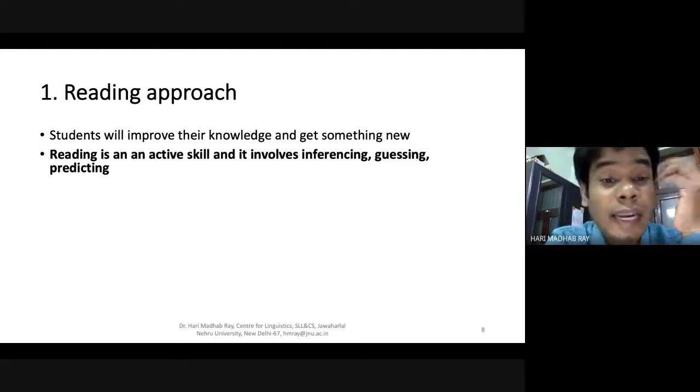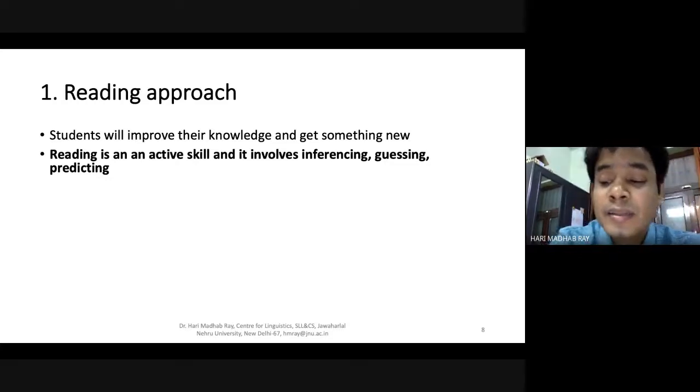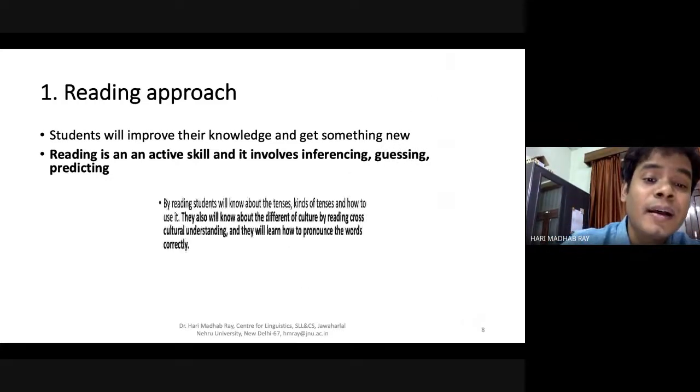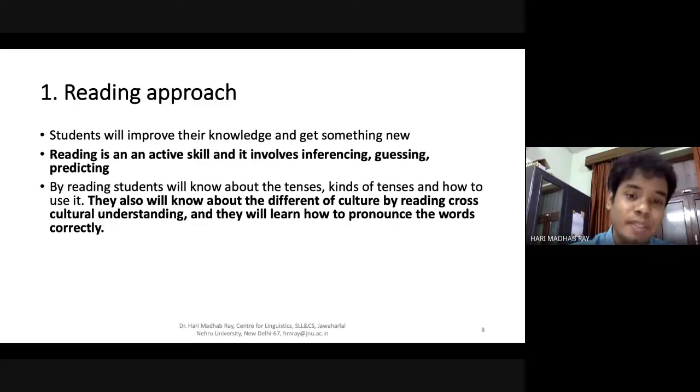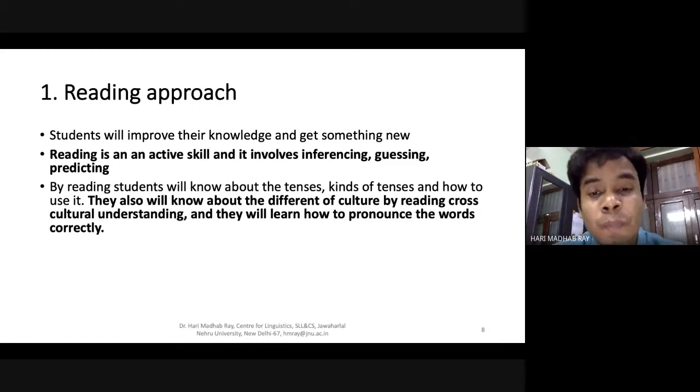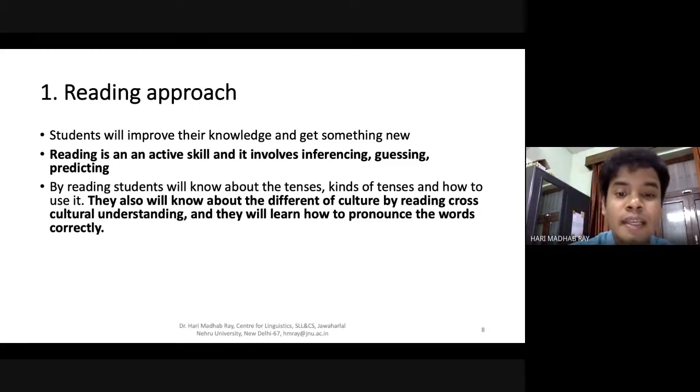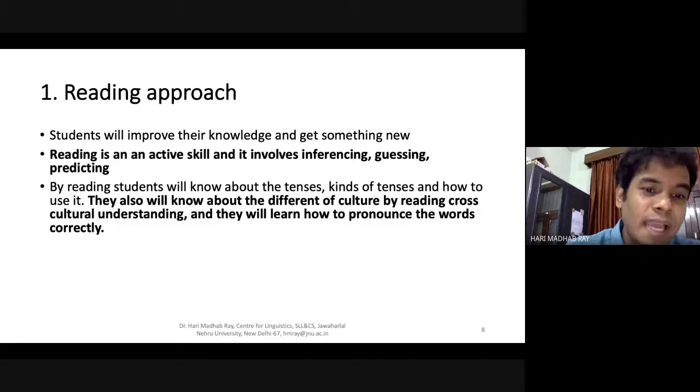Reading is an active skill, and it involves inferencing, guessing, predicting. By reading, students will know about the tenses, kinds of tenses, and how to use them. They will also know about different cultures through cross-cultural understanding, and they will learn how to pronounce the words correctly. See, this is where a reading approach definitely helps.